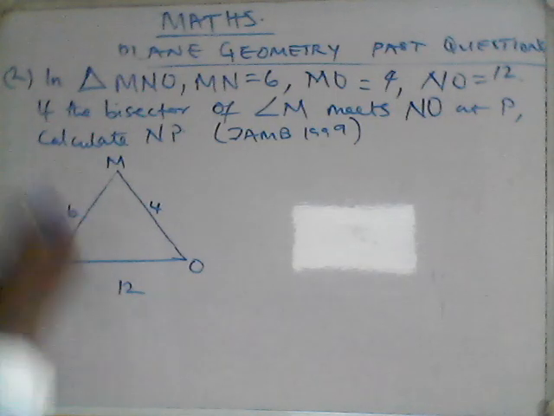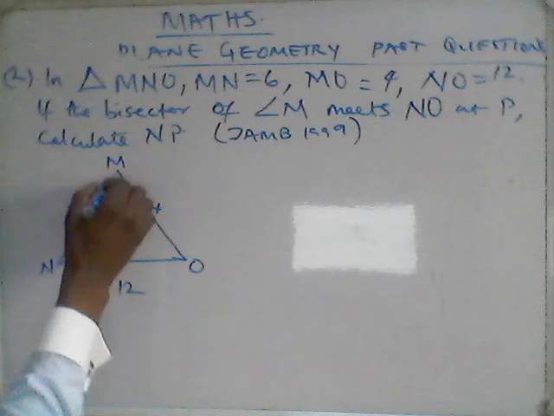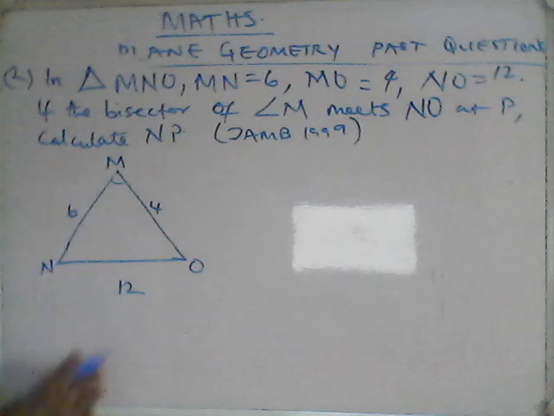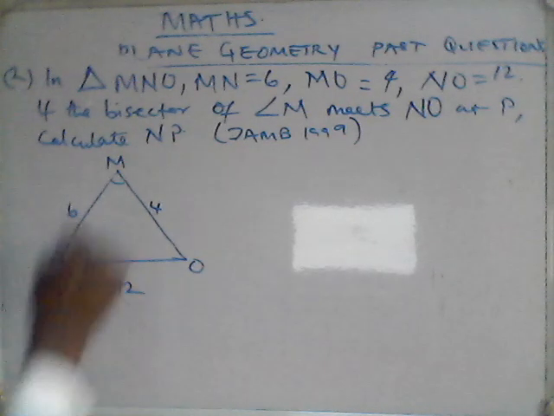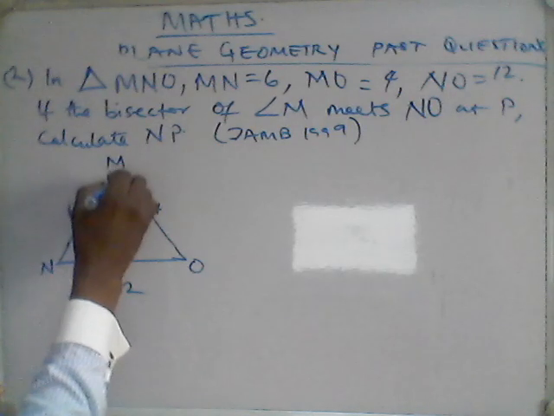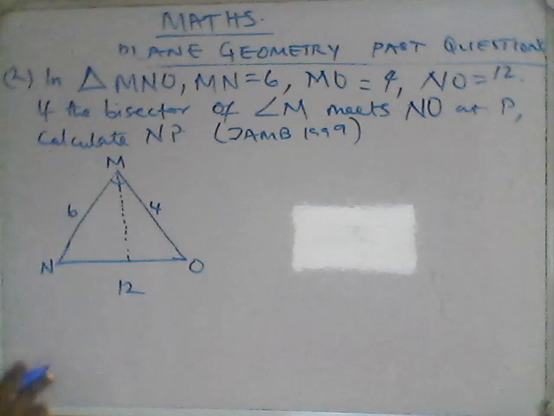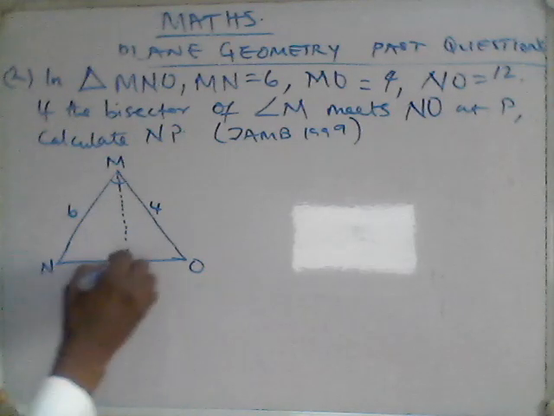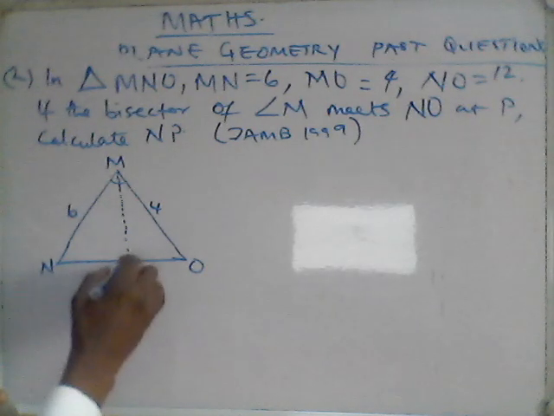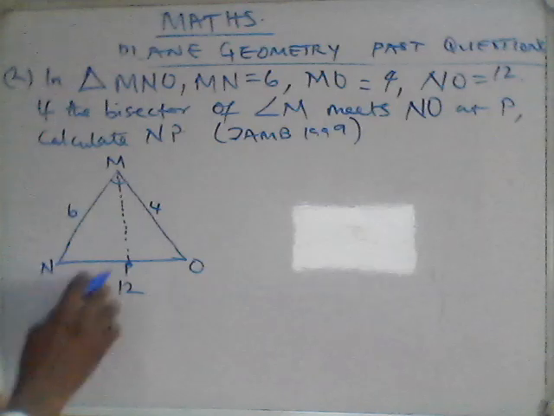The bisector means a line that divides this angle into two equal halves. So if I draw a line cutting this angle into two equal halves, and it ends at P, we should calculate NP.